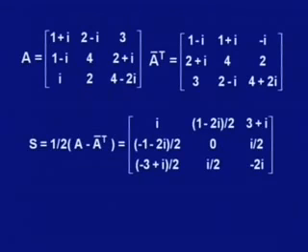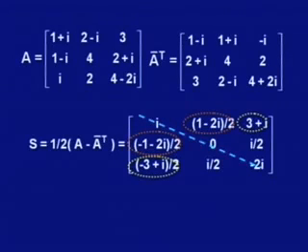So, it is I here, 2 minus I minus 1 plus I by 2 is this element, 3, and this minus I becomes plus I, so 3 plus I by 2. So, that is how we calculate this matrix S, and this is the diagonal element. Here we can notice that S bar transpose is equal to minus S, and S is a skew Hermitian matrix.